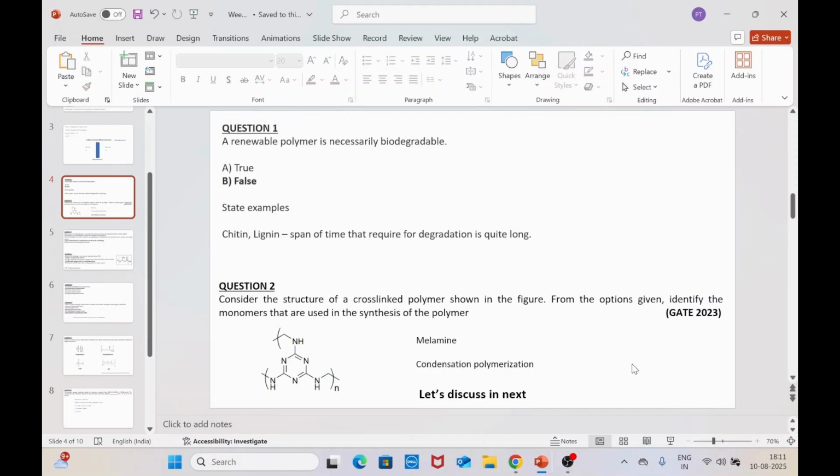I wanted people to play around with different types of monomers, check what kind of polymers will be formed, match that polymer with the question, and see whether the answers match.